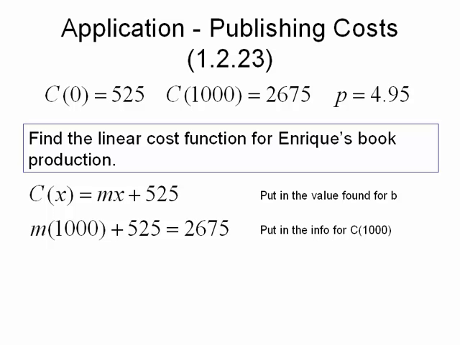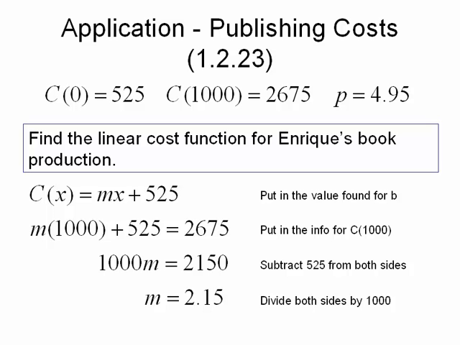Now let's put in the information for C of 1,000. So that means I have to substitute 1,000 in place of x. So we have m times 1,000 plus 525 equals 2,675. So now we can solve this for m. So we have 1,000m equals 2,150 after we subtract 525 from both sides.